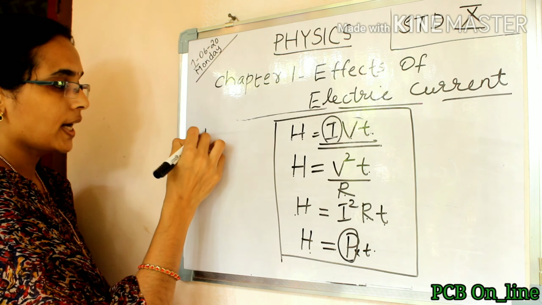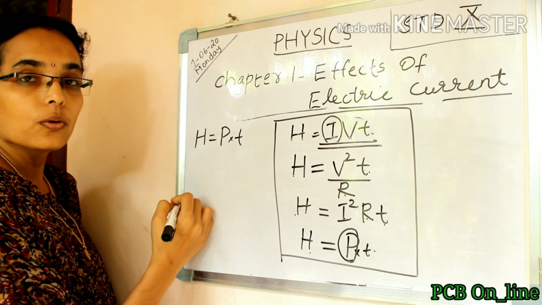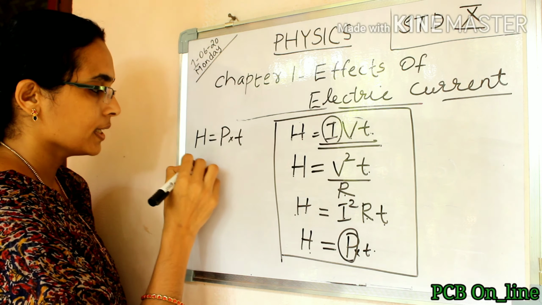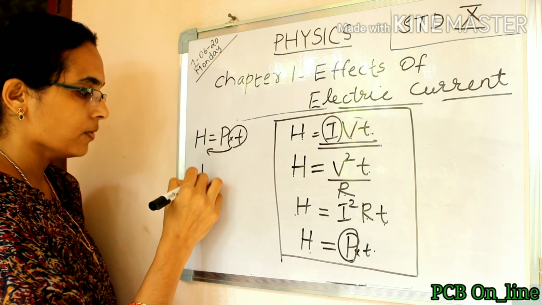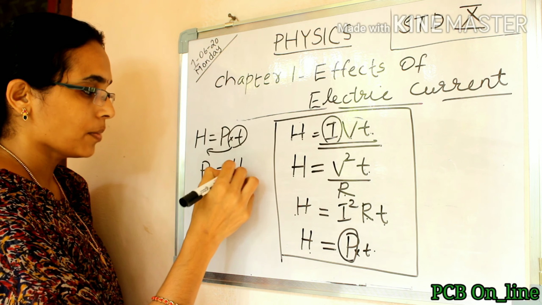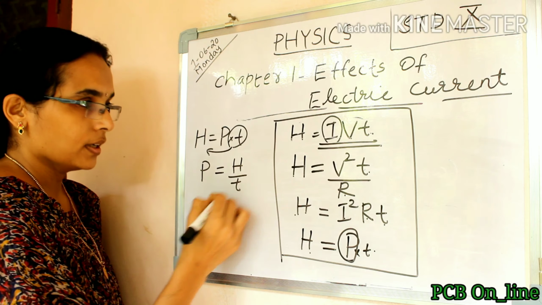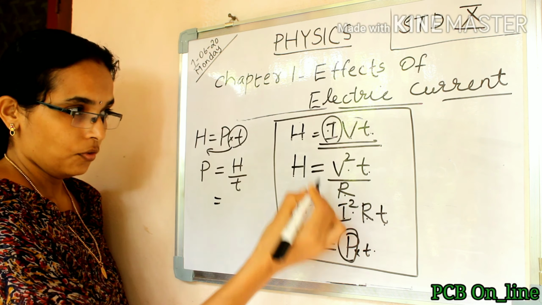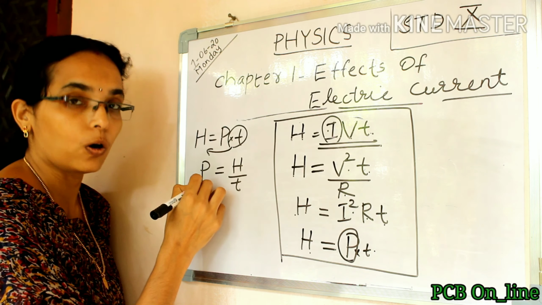Now we will obtain equations for power from this also. We know that H is equal to P into T. Now, what is P? T will be taken to this side and we get power as H upon T, or H by T. By giving different equations for H, we get different equations for P also.